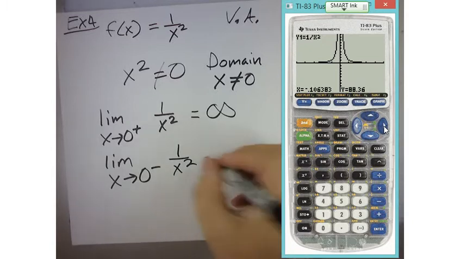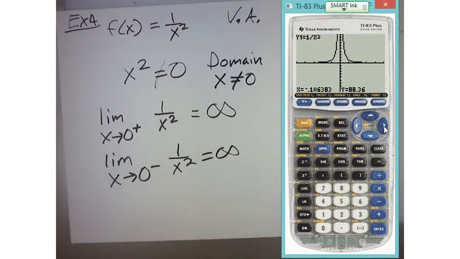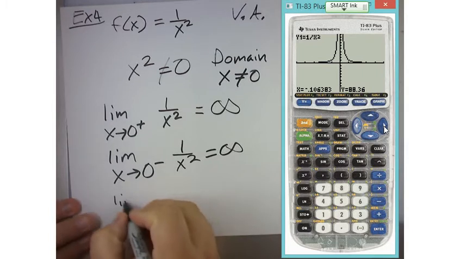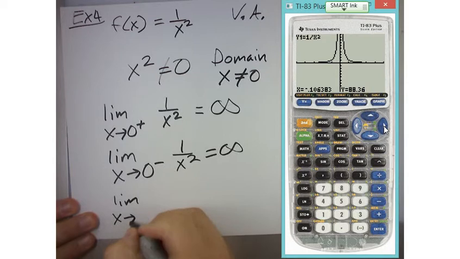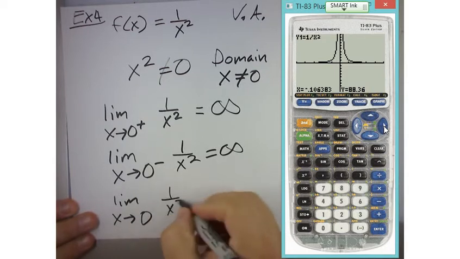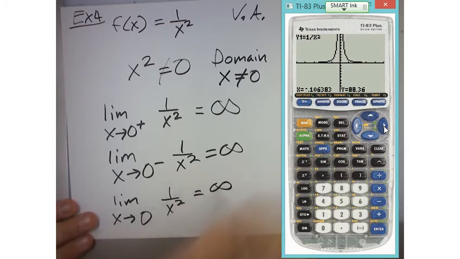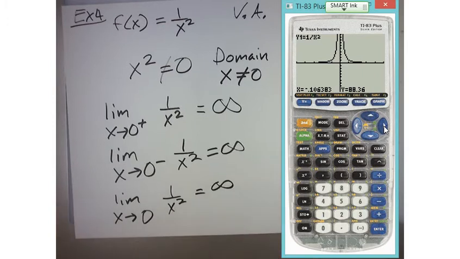Infinity. Well, if my left-hand limit and my right-hand limit both approach infinity, what is my two-sided limit? Infinity, even though it never actually crosses. Does that make sense? Okay.